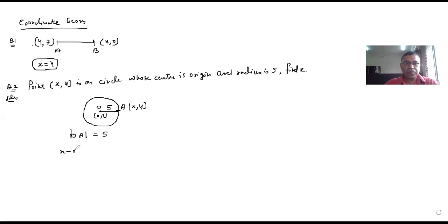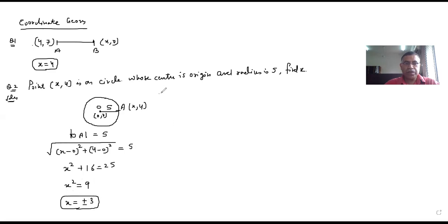That means square root of (x minus 0) square plus (4 minus 0) square is equal to 5. I have applied the distance formula. So x square plus 16 is equal to 25, x is plus minus 3. So which implies point A can be (3, 4) or (minus 3, 4). So important.